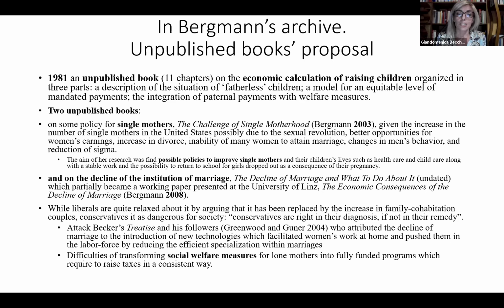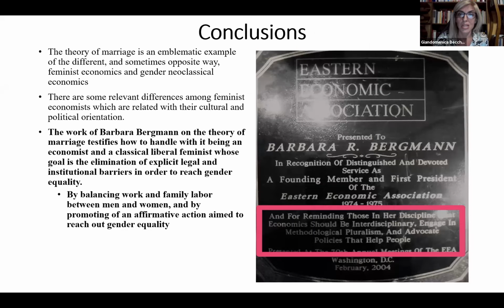And again, she proposed some social welfare measures for some specific programs. And these social welfare measures would require a consistent raise of taxes for the middle class in the US. So she was very aware of the problematic acceptance of her own proposal.